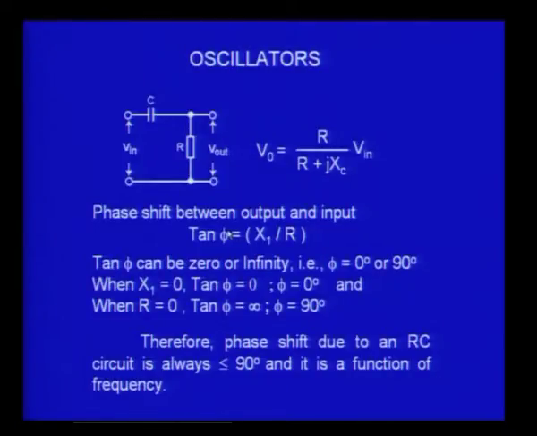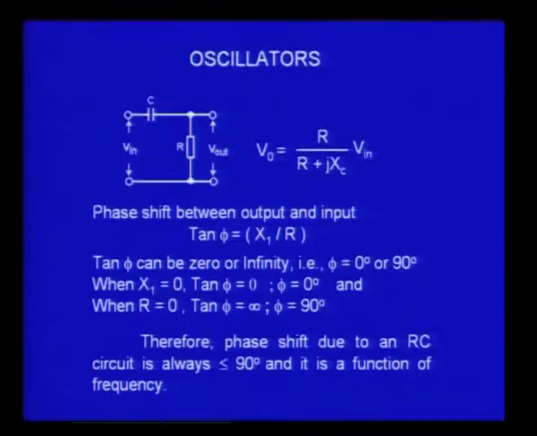And therefore, in this case tan phi can be 0 or infinity or any other value in between. If phi is equal to 0 degrees, then X1 is equal to 0. When X1 is equal to 0, tan phi is equal to 0 in this formula, and therefore phi is equal to 0 degrees. When R is equal to 0, in the denominator, then tan phi becomes infinity and phi becomes 90 degrees. So, using one RC combination, you can have any phase difference between 0 and 90 degrees only, not more.